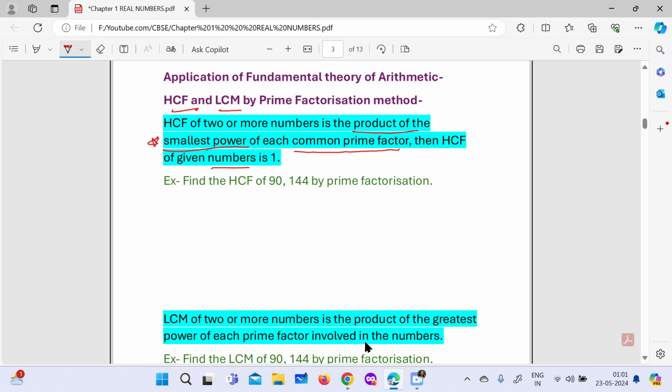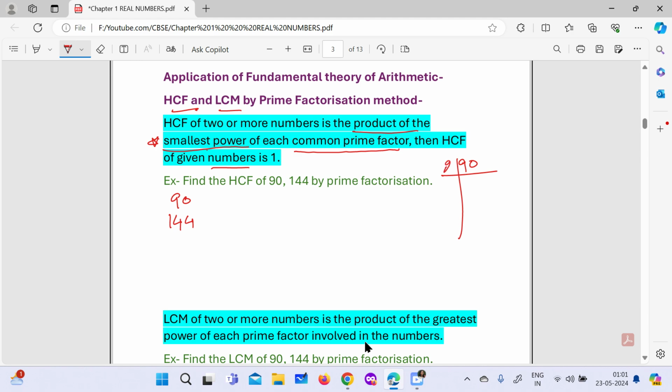Now find the HCF of 90 and 144 by prime factorization. So we can do this. We will do the prime factorization of 90 first.